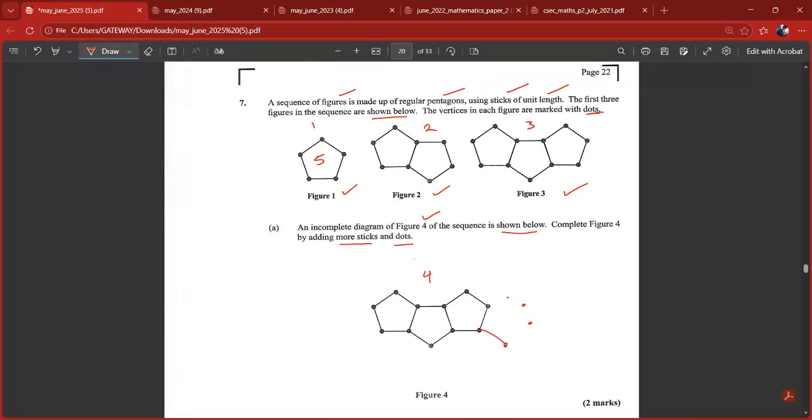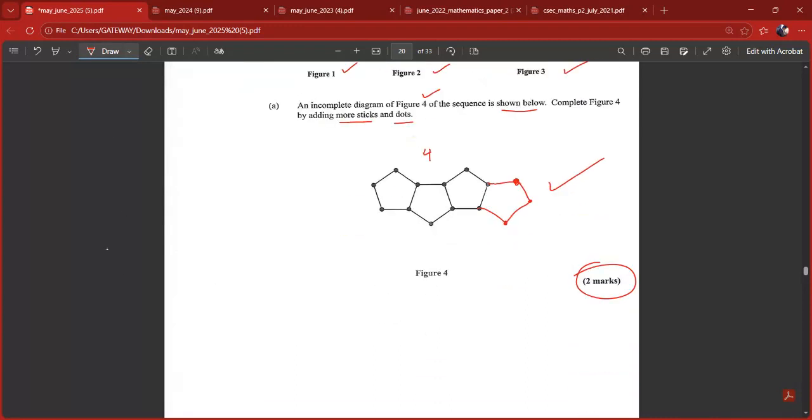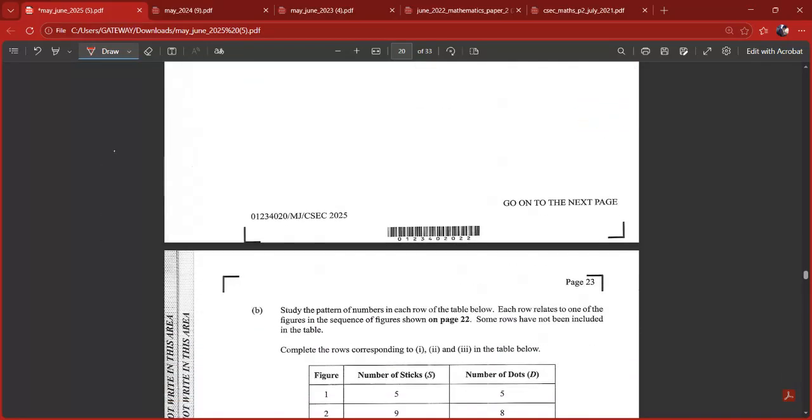Let's see if that forms the pentagon. Like that. Right? So it's not perfect, but this is it here. So this is figure 4 for 2 marks. You just add on a pentagon, looking like a drop.